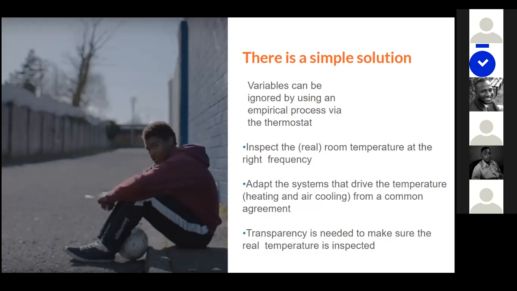Then transparency is also needed to make sure the real temperature is inspected. So this is definitely the foundation of agility. We are looking at using an empirical process. When we say something is empirical, it means we have to experiment, observe, and learn.